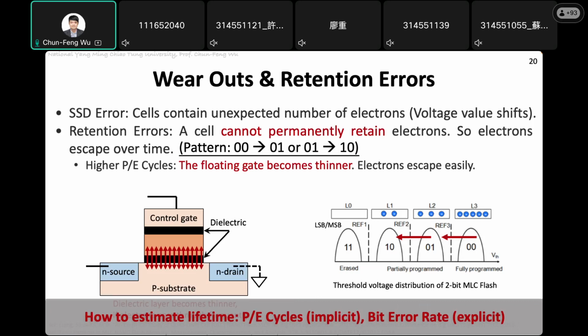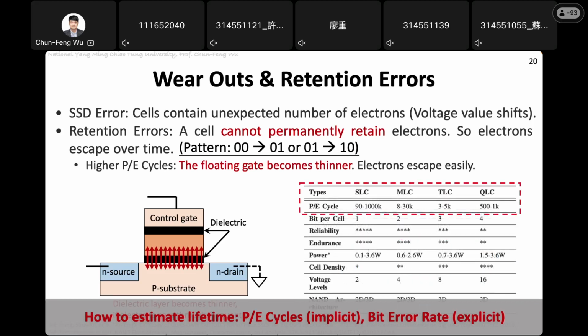If the bit error rate is super high, it means most of your cells are out of order, because each time you read out the wrong answer. So bit error rate is an explicit one. You can totally know that those cells are getting out of order, and that batch is not healthy because the bit error rate is super high. So these are two different ways to know the lifetime.